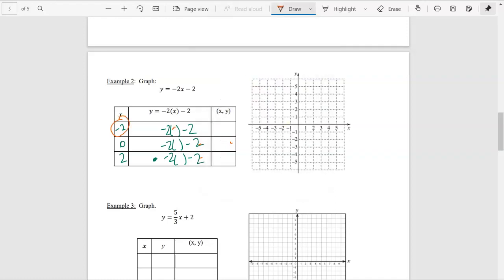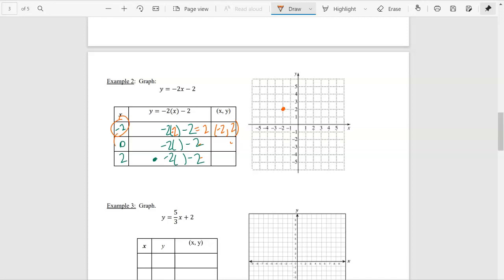First time we're plugging in -2. So -2 times -2 is 4 minus 2. 4 minus 2 is 2. So that's going to give us the point. X is -2 and y is +2. So -2, +2 right here.